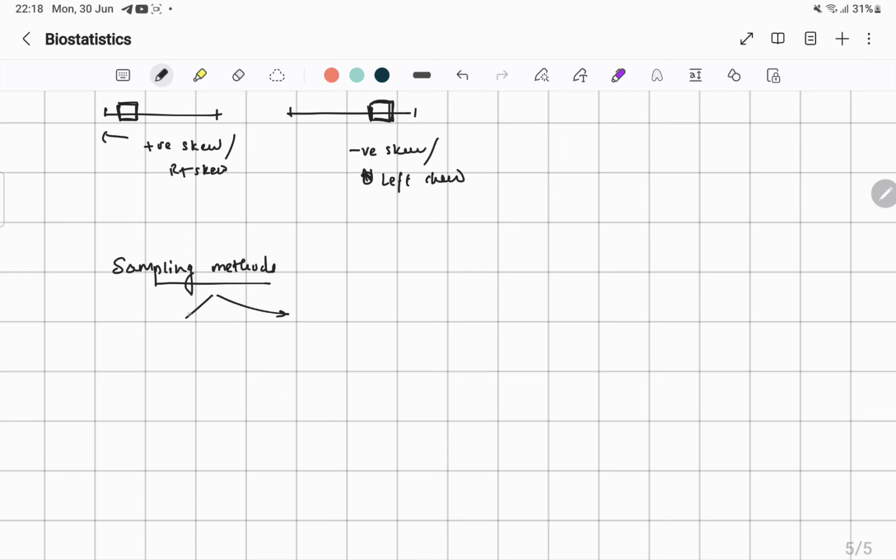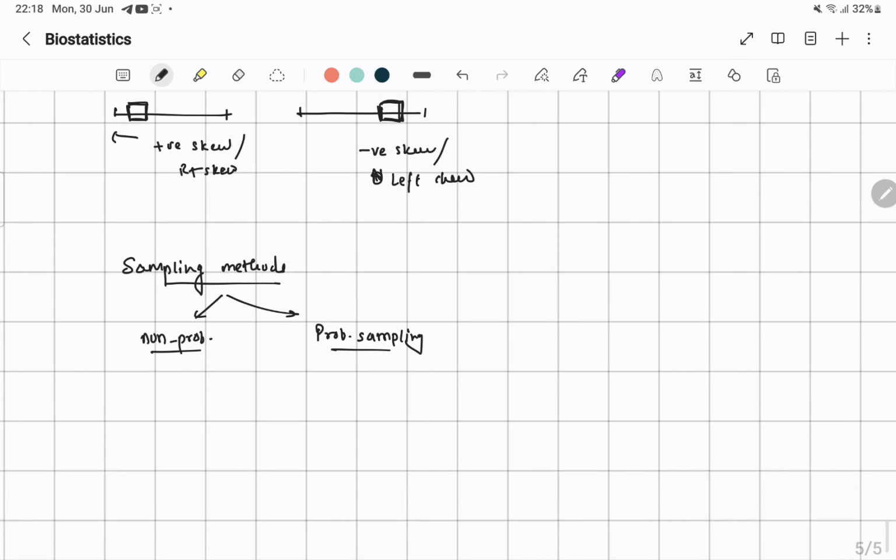So you can do either non-probability sampling or probability sampling. Non-probability can be convenient, purposive, quota, and snowball. Convenient is the easiest sampling. Purposive, you are doing sampling for another purpose.